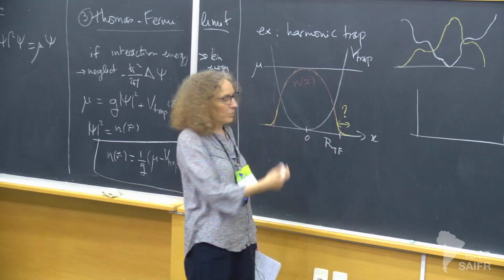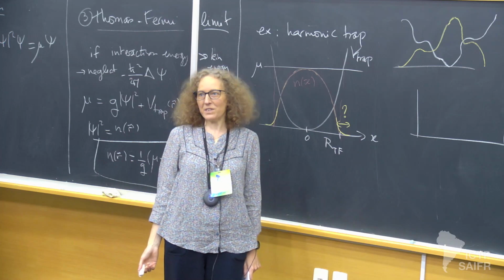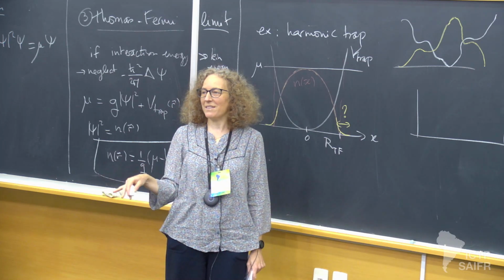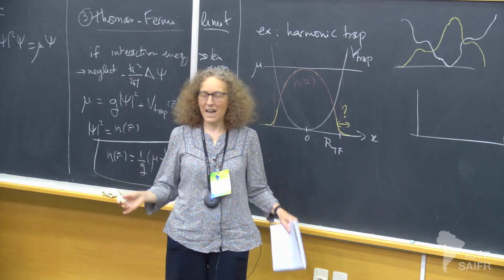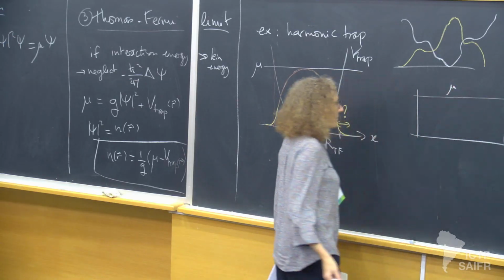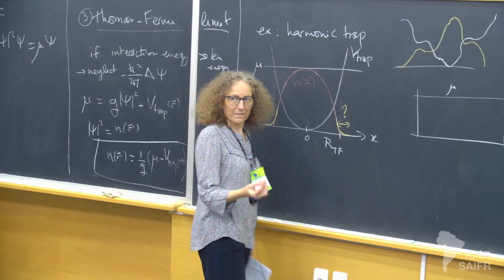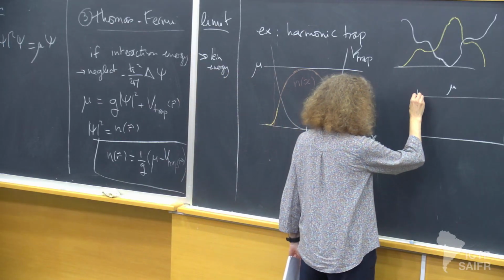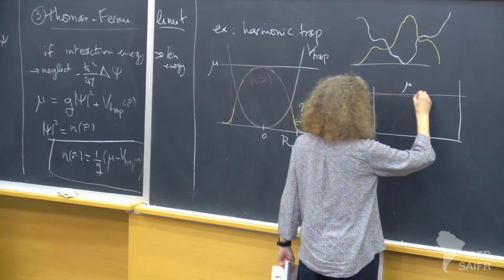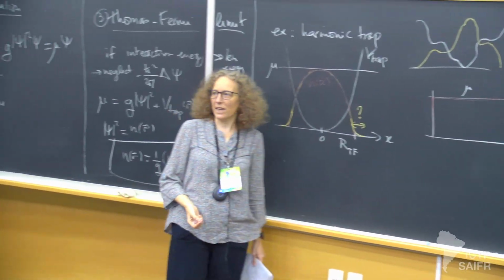If I take the Thomas Fermi approximation for a box, this is very simple because now my V trap is essentially 0 and infinite on the sides. So I have mu somewhere. And so it means that the density, if I take Thomas Fermi, is 0, then maximum, which is mu over G, and then 0 again.